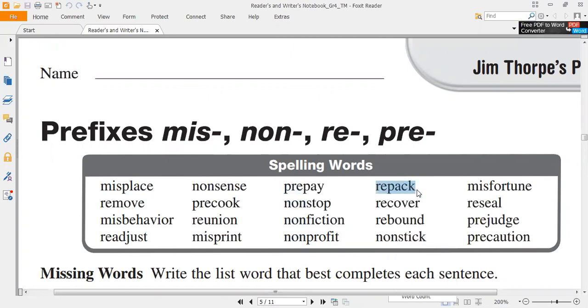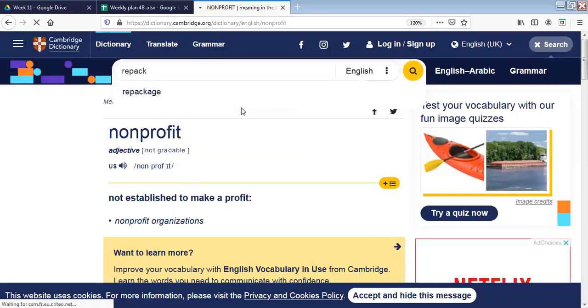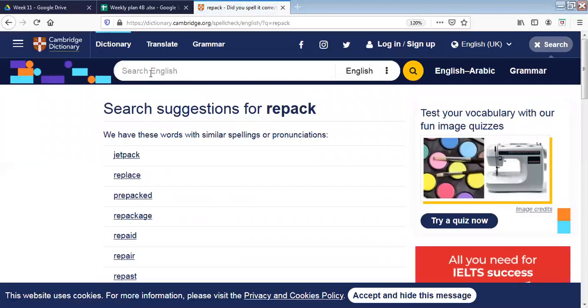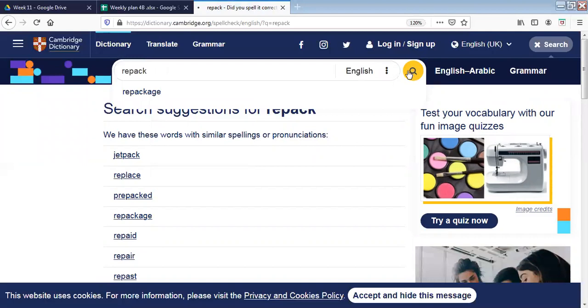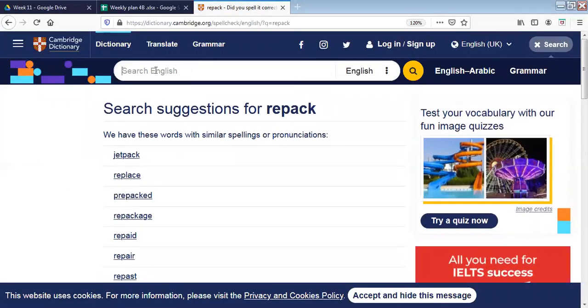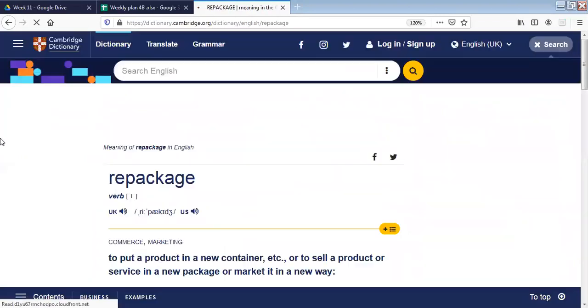First word is, oh, repack or repackage. They are the same.